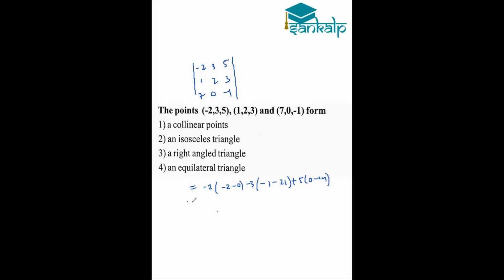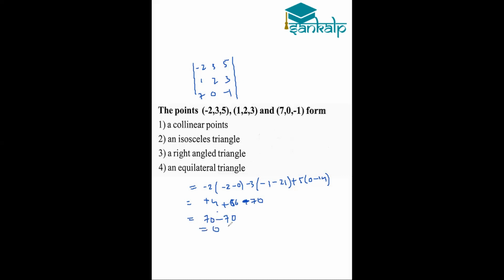On simplifying, we get plus 4, then minus 22 into 3 gives plus 66, and 5 into minus 14 is minus 70. So 4 plus 66 is 70, and 70 minus 70 is equal to 0.